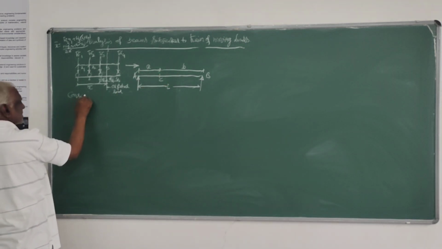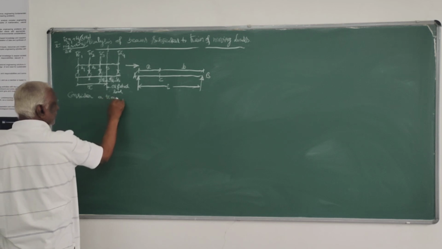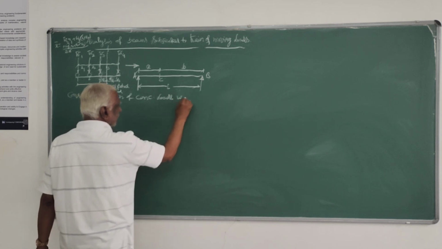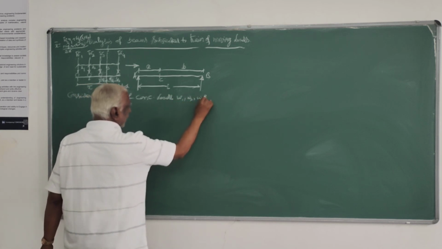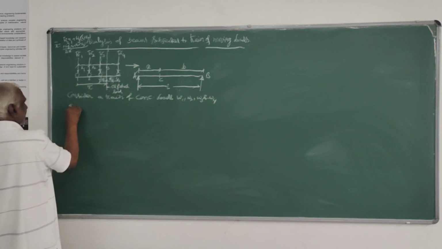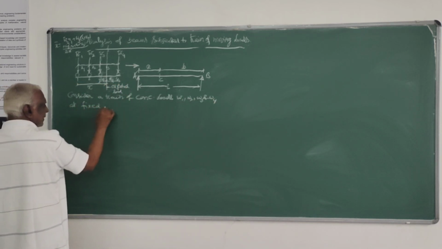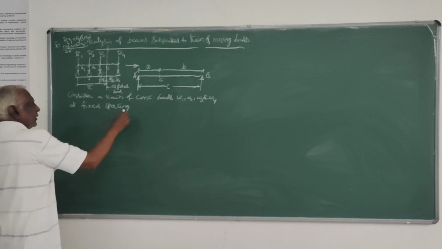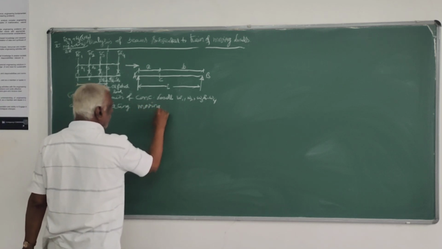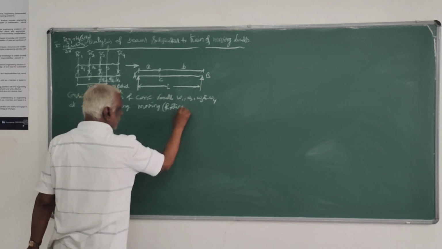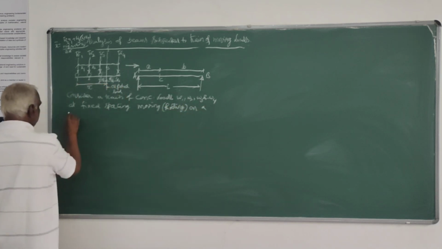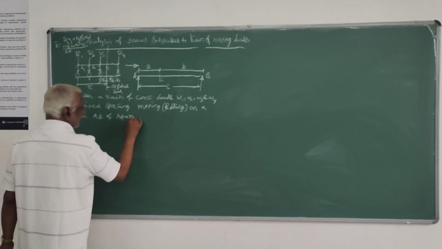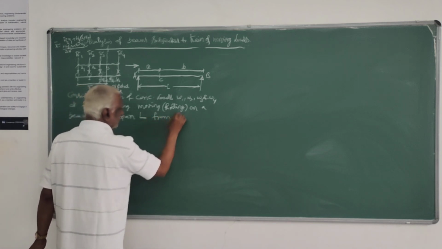So that you can say, consider a train of concentrated loads W1, W2, W3 and W4 at fixed spacing, x1, x2, x3, x4, moving or rolling on a beam AB of span L from left to right.